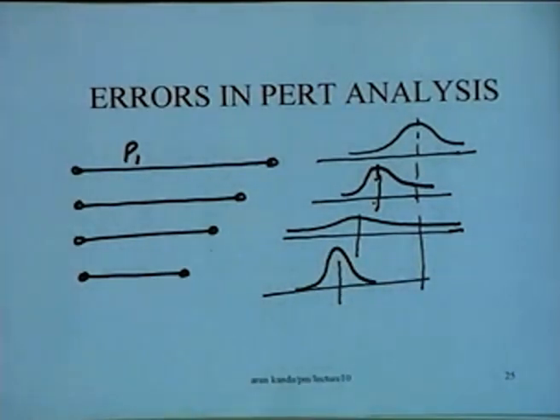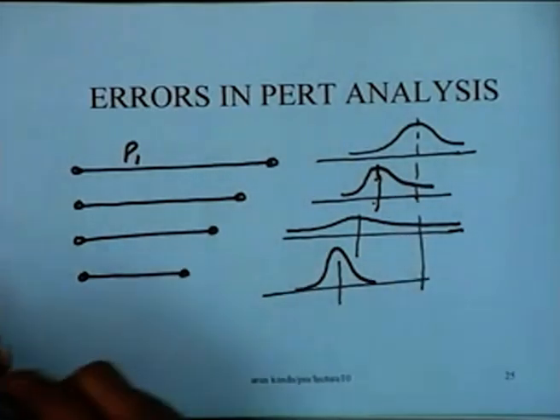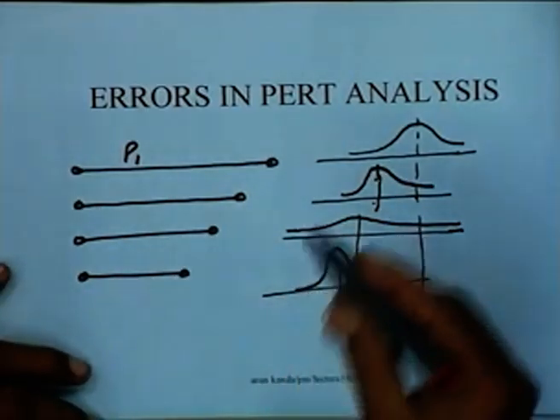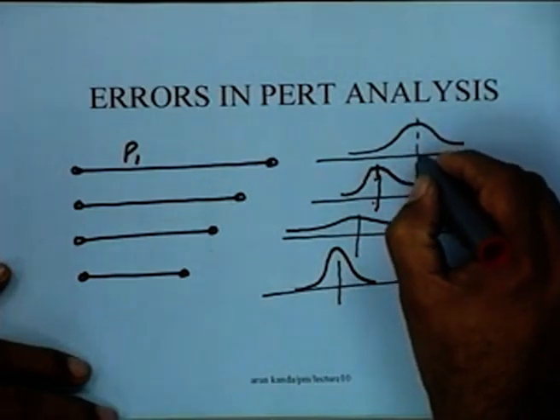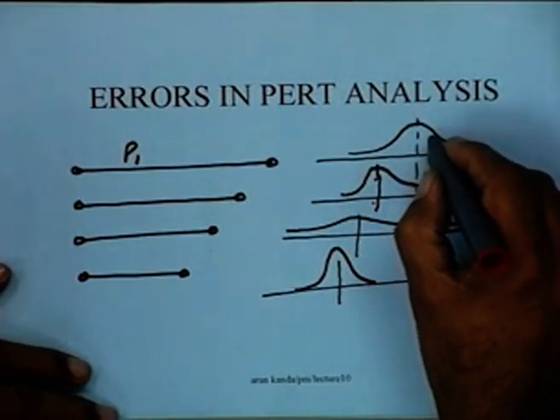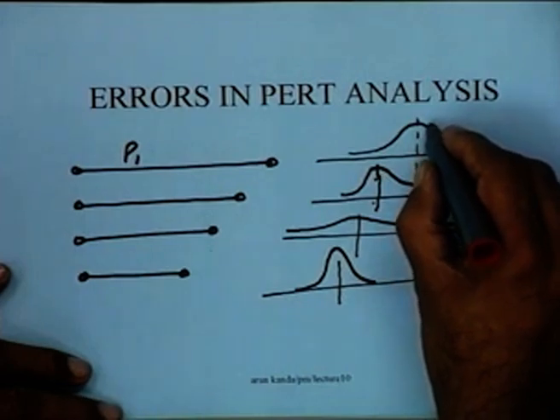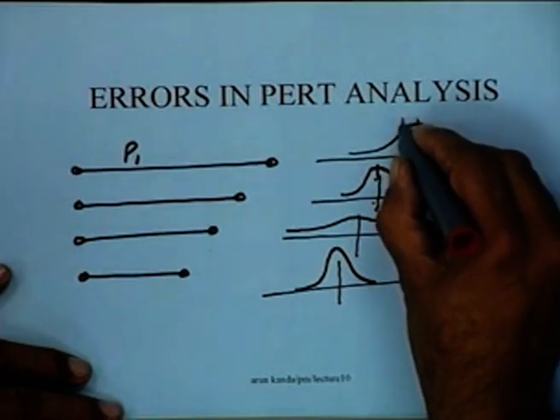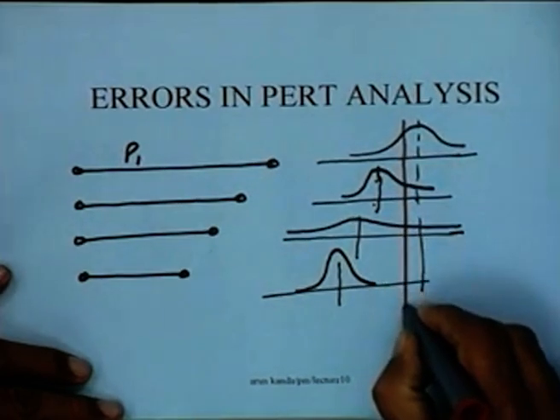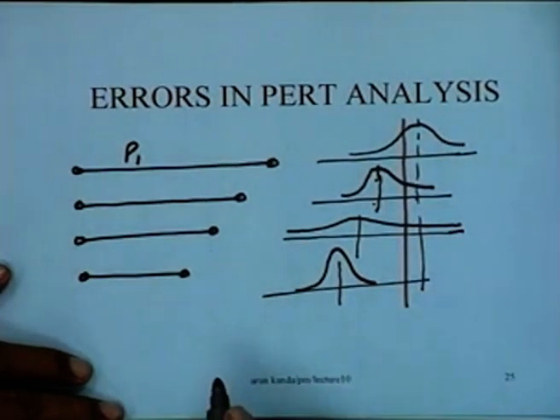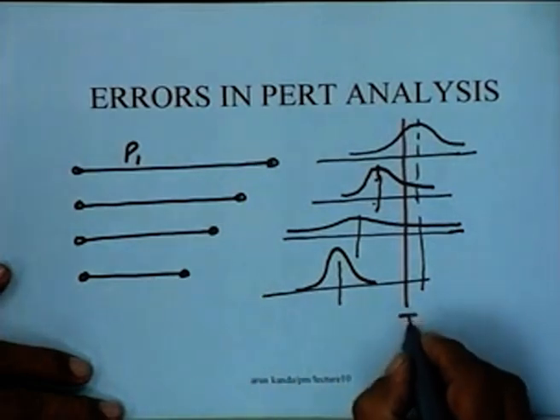So now suppose, by using the PERT analysis, we ask what is the probability that the project duration will be less than some particular value. I mark this particular line here. What is the probability that the project duration is equal to this time t?